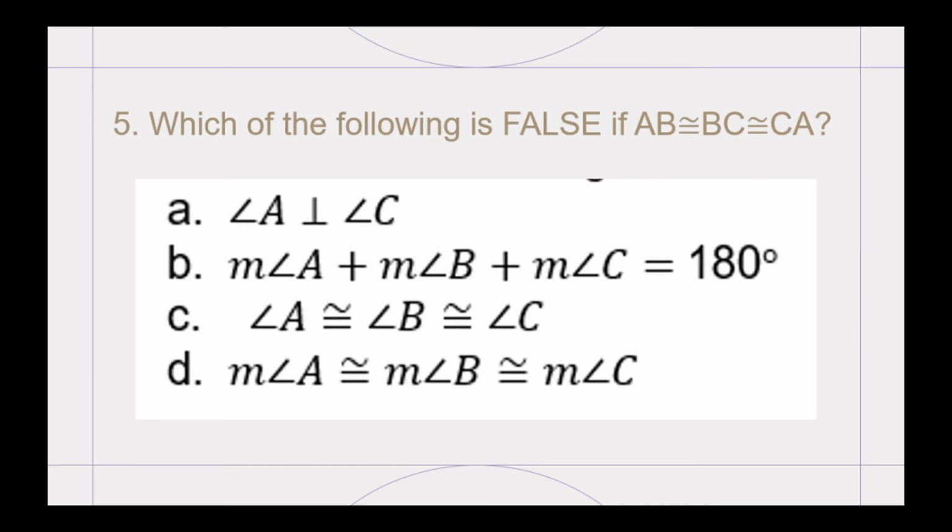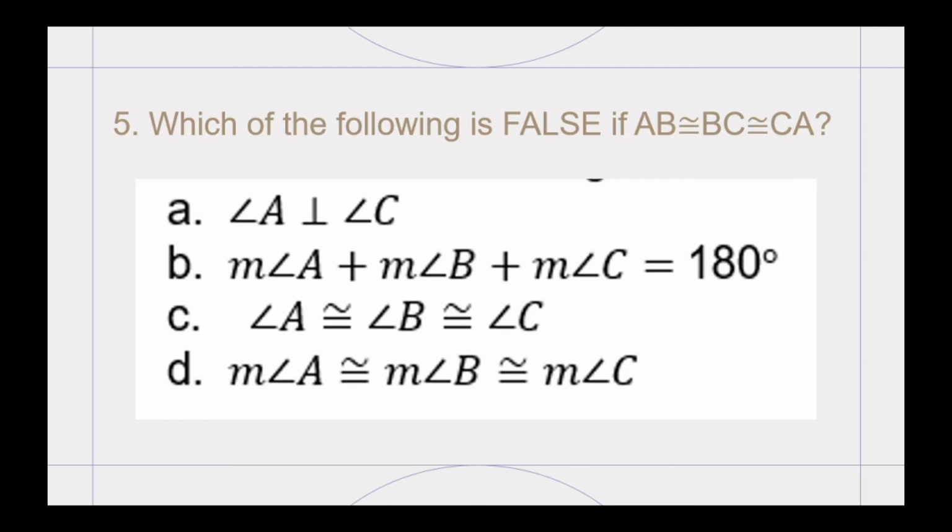Question number 5. Which of the following is false if segment AB is congruent to segment BC, congruent to segment CA? We are talking about a false statement. Letter A, angle A is perpendicular to angle C. Letter B, the measure of angle A plus the measure of angle B plus the measure of angle C is equal to 180 degrees.